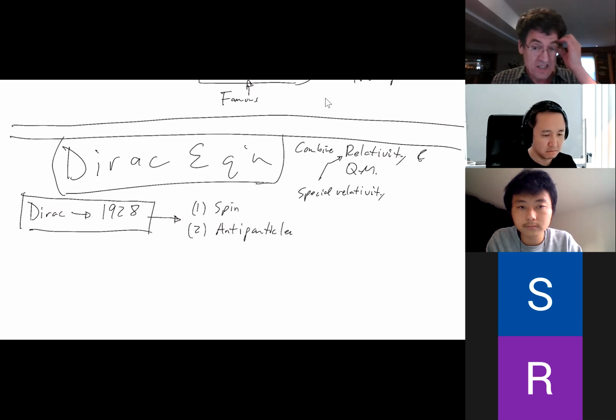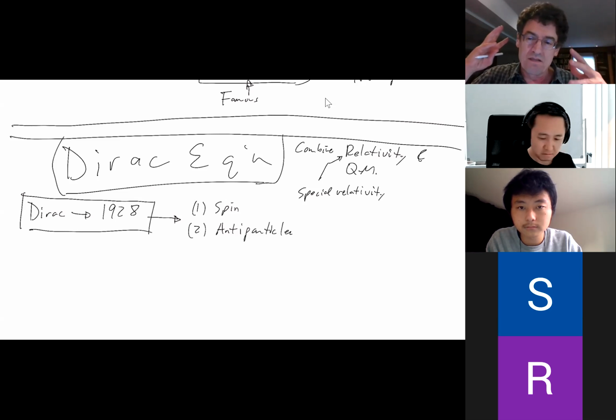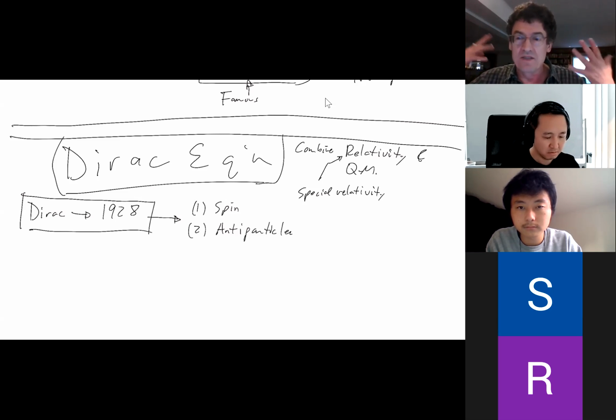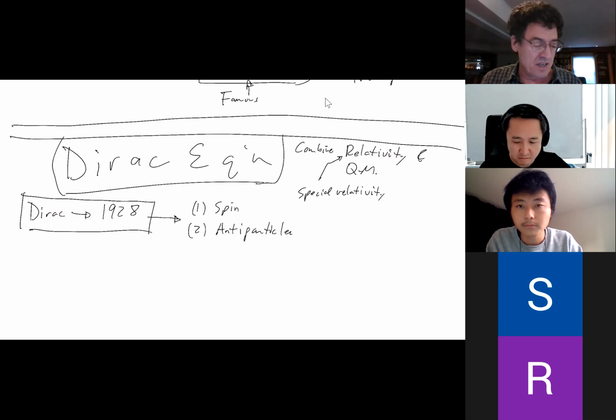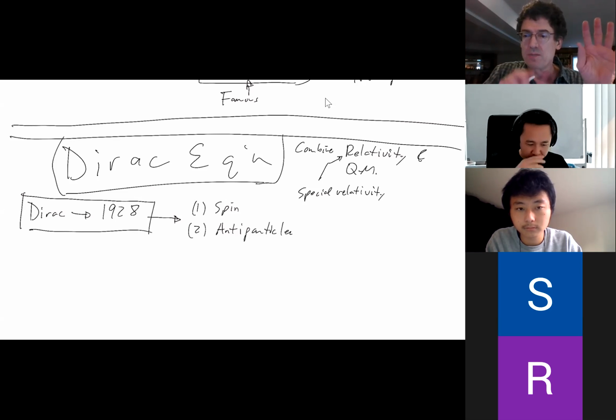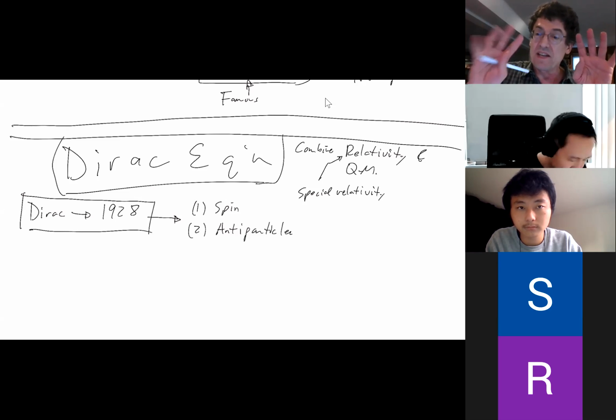I'm not going to go through every detail, and it's pretty mathematical, and it's hard to gain intuition from it. I think it takes many years to gain intuition for the Dirac equation, but it's still fun and worthwhile going through the steps to see how you go from Dirac's initial assumption to spin and antiparticles.